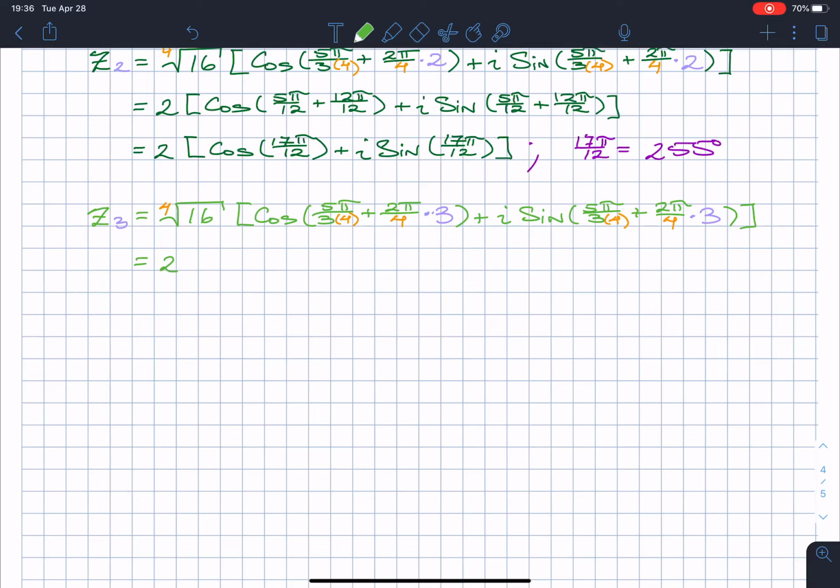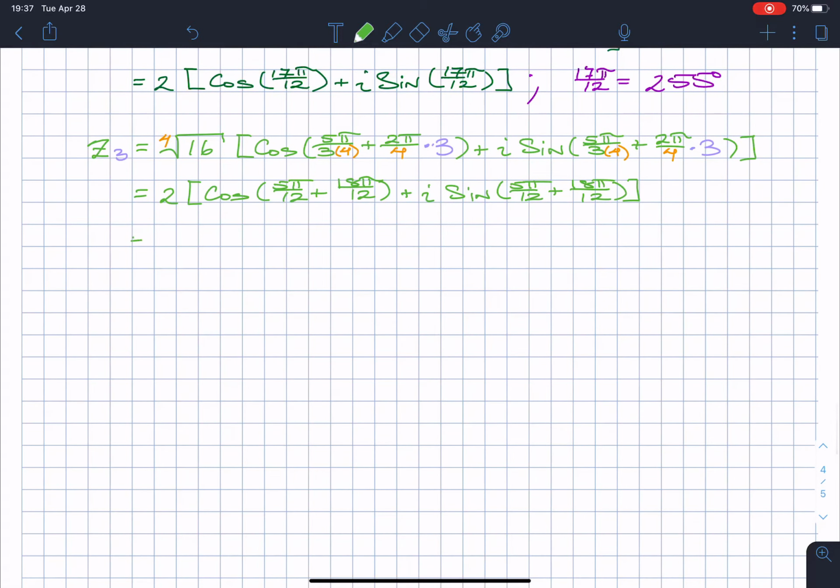So this becomes 2 times cosine of 5 pi over 12 plus 6 pi over 4. So if I wanted to get a common denominator, I would need to multiply top and bottom by 3. So 6 times 3 is 18 pi over 12, plus i times sine of 5 pi over 12 plus 18 pi over 12.